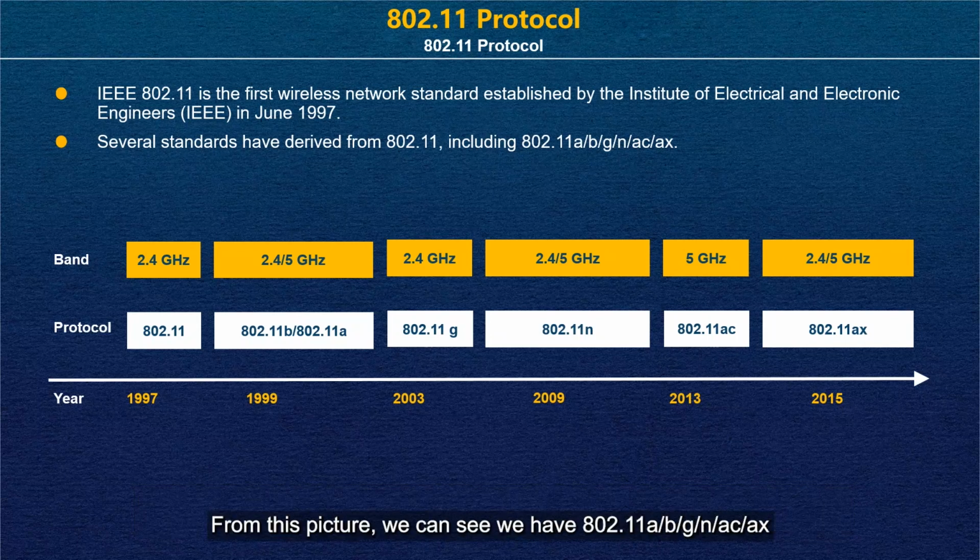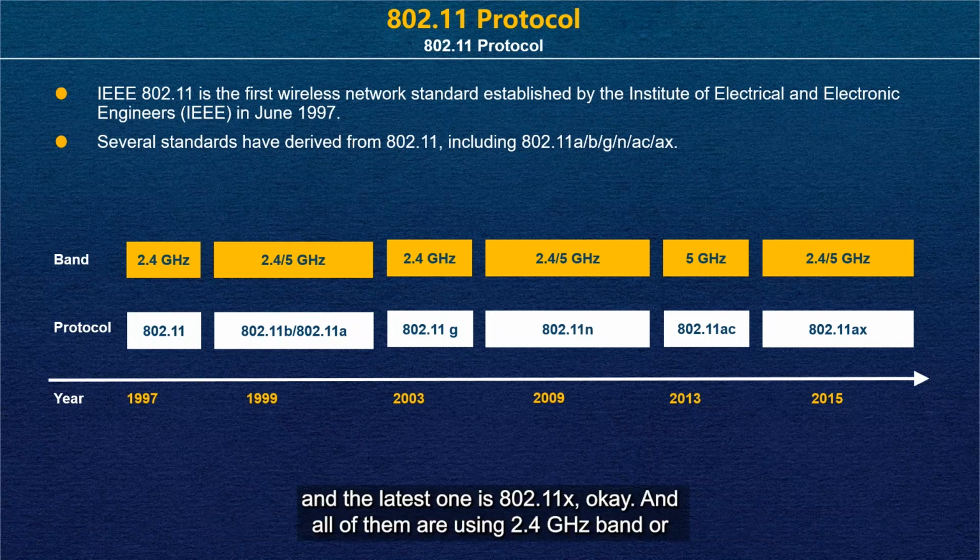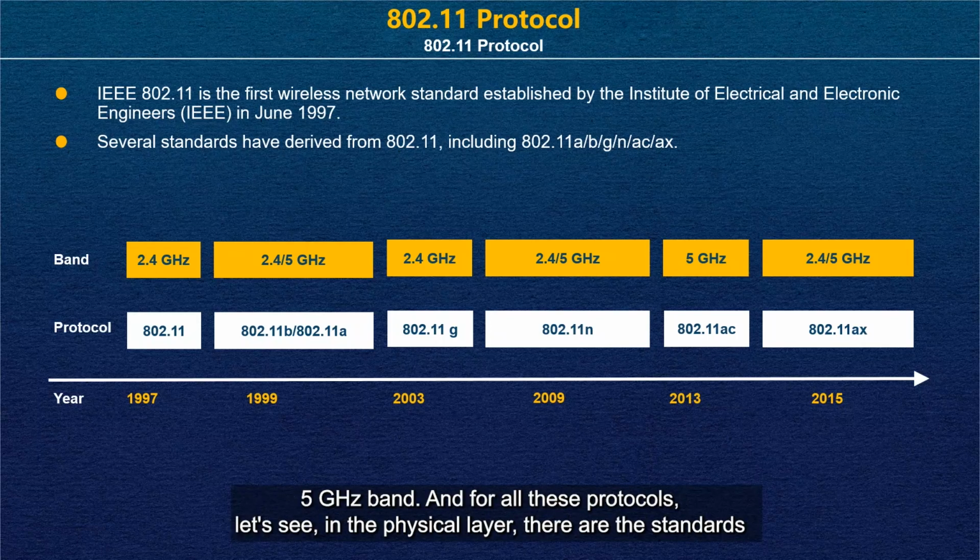From this picture, we can see we have 802.11b, .11a, .11g, .11n, .11ac, and .11ax. And the latest one is 802.11x. Okay, and all of them are using the 2.4 gigahertz band or the 5 gigahertz band.